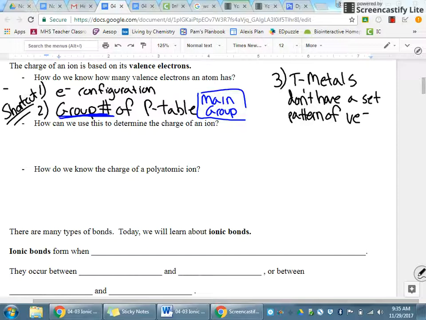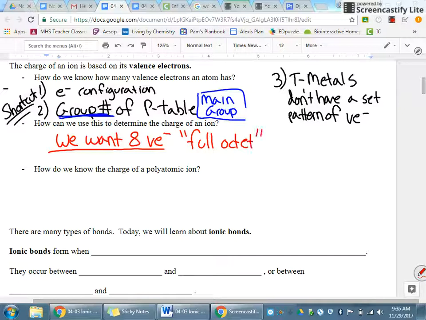All right, so how can we use the number of valence electrons to determine the charge? The key to the game here is that we want 8 valence electrons. We also call this a full octet. When we have a full octet, we're just like a noble gas.